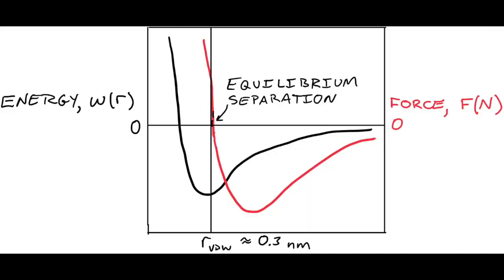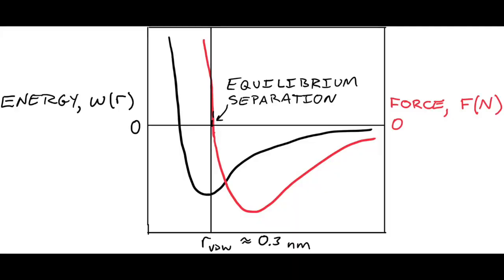So if you look at a plot of the Lennard-Jones potential, you can plot the energy, and what we have is that there's an attractive and a repulsive potential, and at some point we are at equilibrium, and that's where the energy is minimized. Now, what's the force when the energy is minimized? The force is 0 where the energy is minimized.